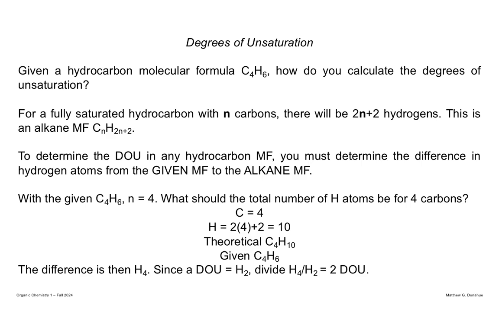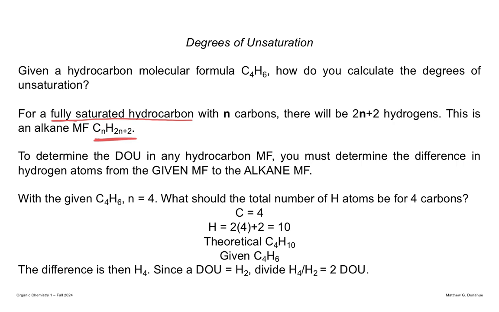So now, how are we going to use that degree of unsaturation concept? So we're basing this problem solving in the fully saturated molecular formula. So we really want to keep that always present in our mind, CnH2n plus 2.